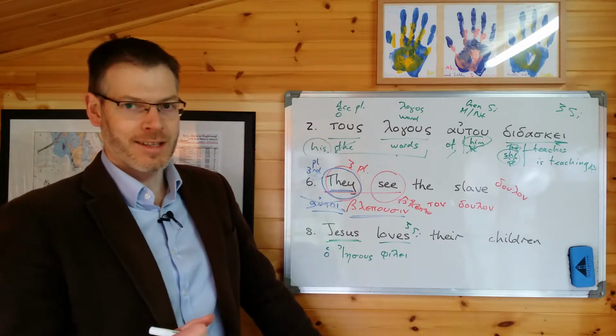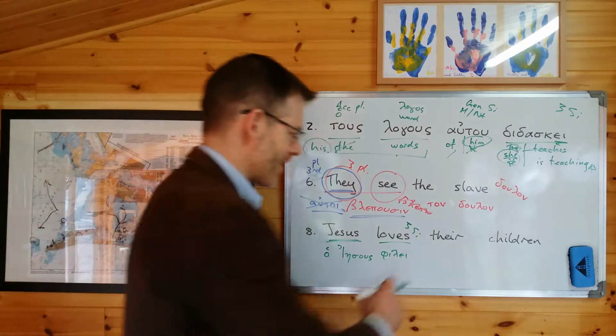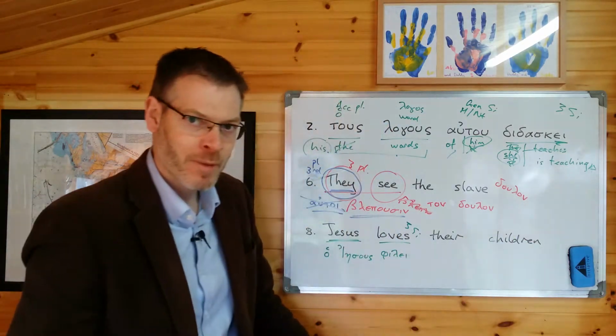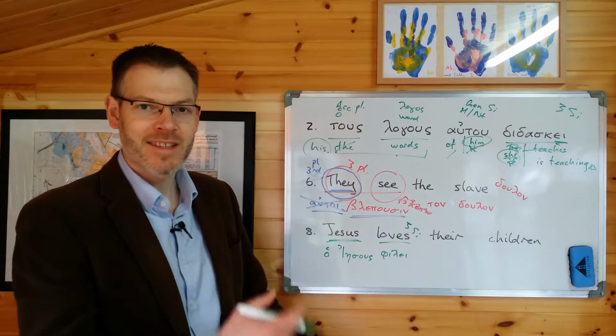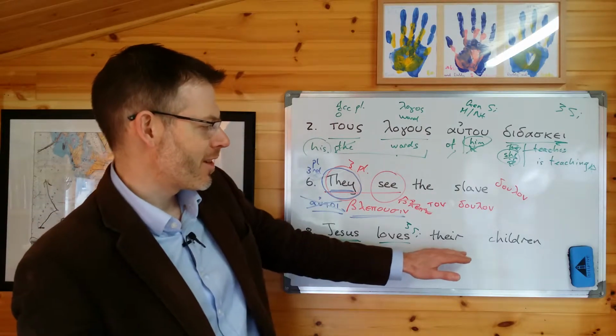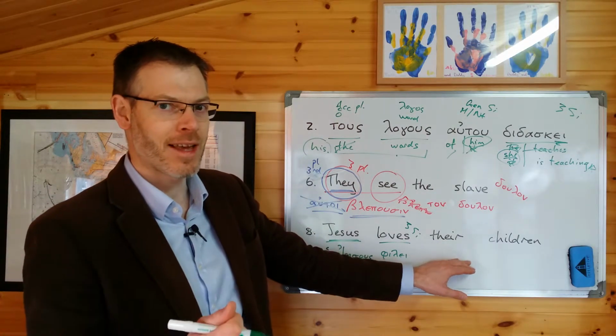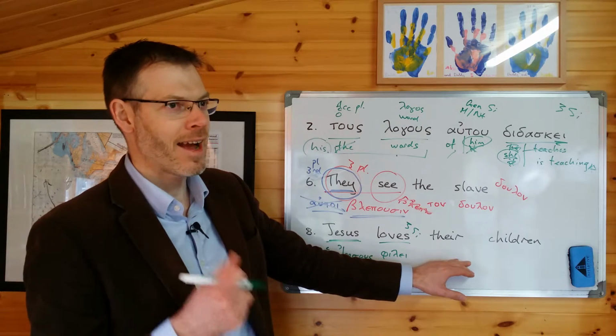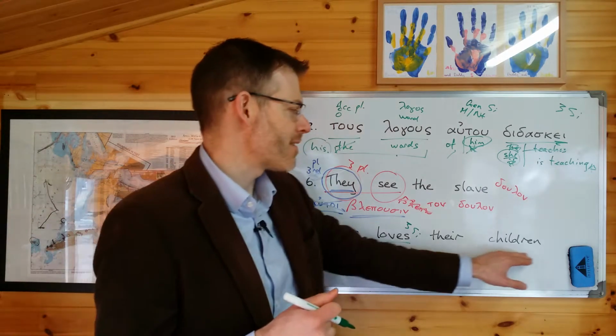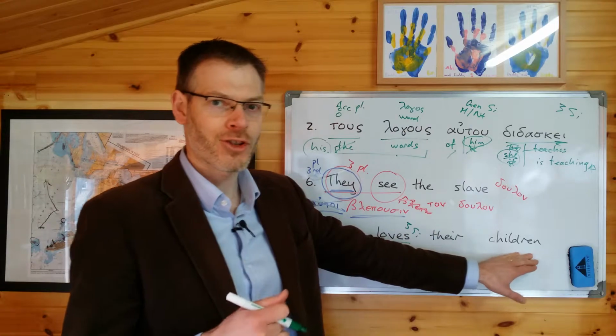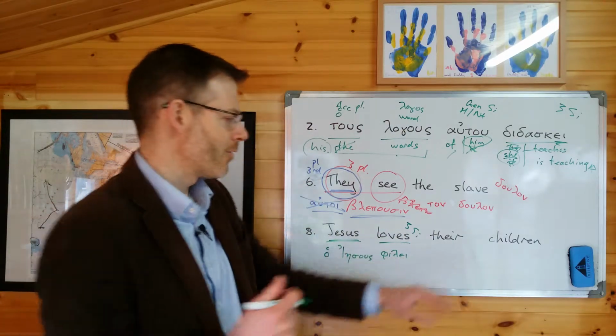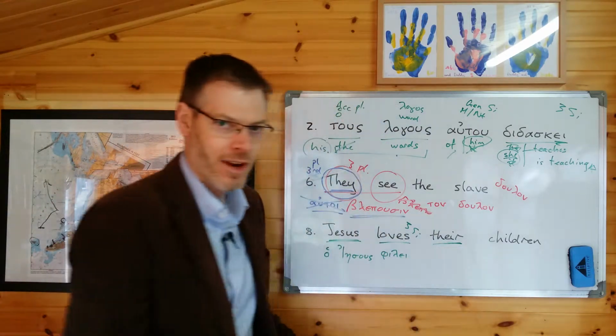Now, what's the object? Well, the object is their children, but the way to translate this into Greek is to first turn their children into something else. Pause for a second. How should you rephrase this in English before trying to translate it into Greek in order to get the possessive form right?